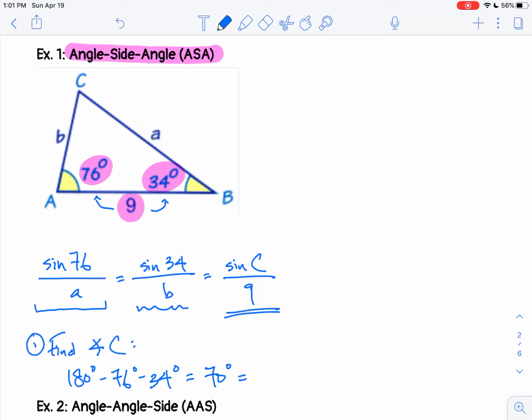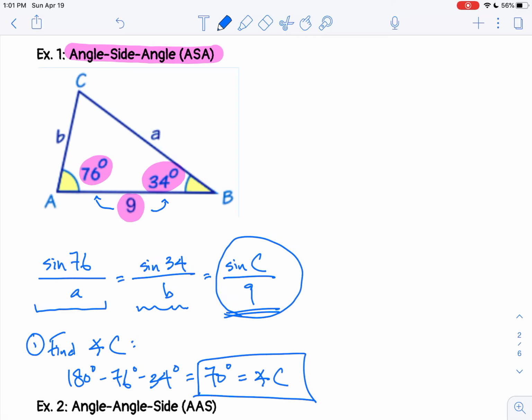And so it turns out that the measure of angle C is 70 degrees, okay? So I could actually go ahead and fill that in, and then I will have one whole pair with numbers. Now the pair that you have with numbers, that's what you're going to use to figure out all the other sides that we're missing here, okay?